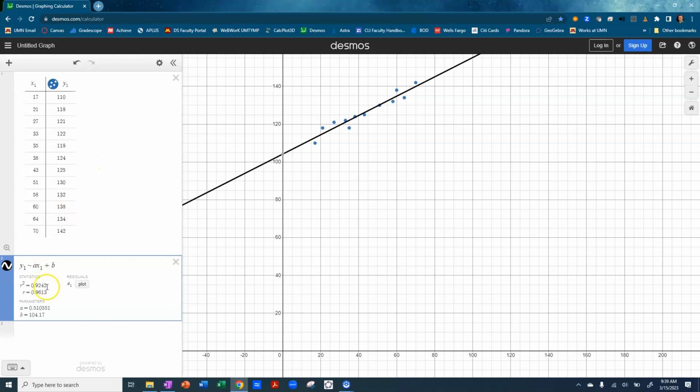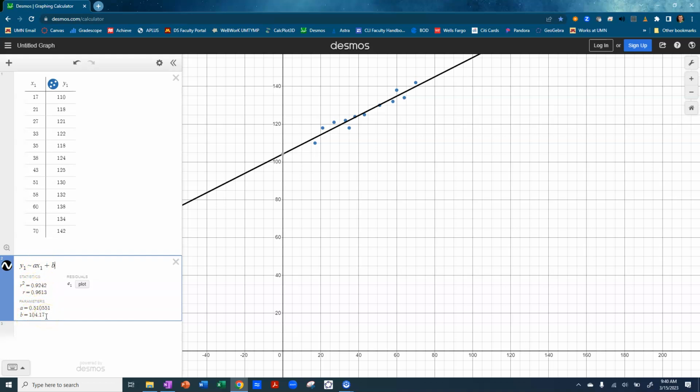The idea is that you can't use m, you have to use a and b here, but a functions the same as m. You have to use x1 and y1 so that it knows to use your data table that you've already defined. But then here you get your equation of a line. So you could say the regression model would be y is equal to this value of a, x plus that value of b.